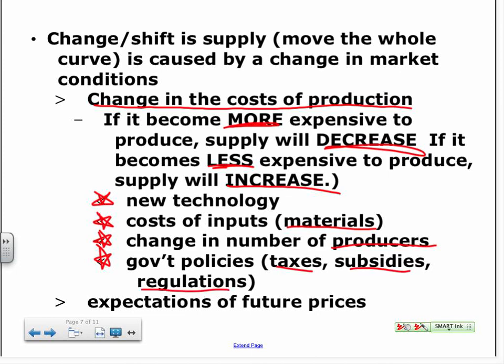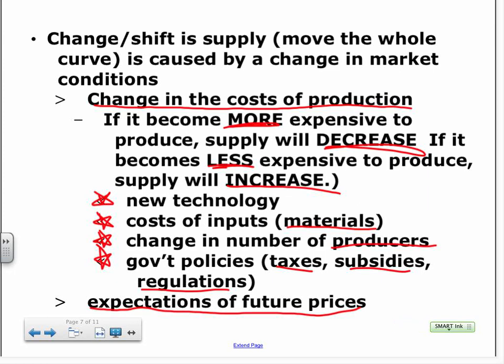Also, expectations of future prices, meaning that if you have a lemonade stand and you heard in the news that people are willing and able to buy lemonade for $5, more people are going to get in the game, and they're going to start making more lemonade.